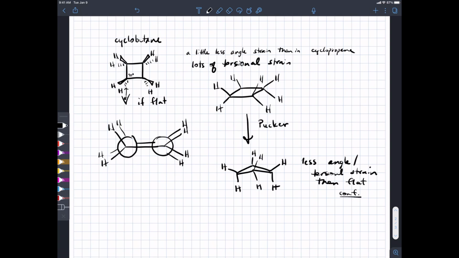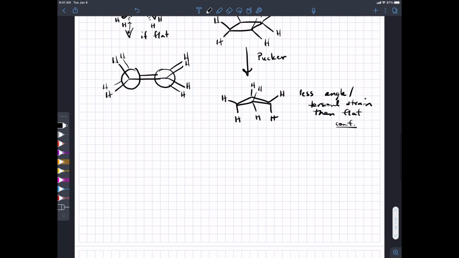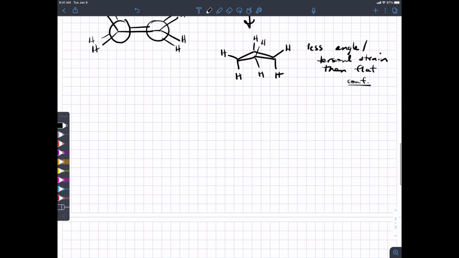Rings other than cyclopropane, rings composed of sp3 carbons are generally not flat. They adjust their shape. The same is true for the 5-membered ring. So this molecule distorts itself to be kind of like the puckered conformation.